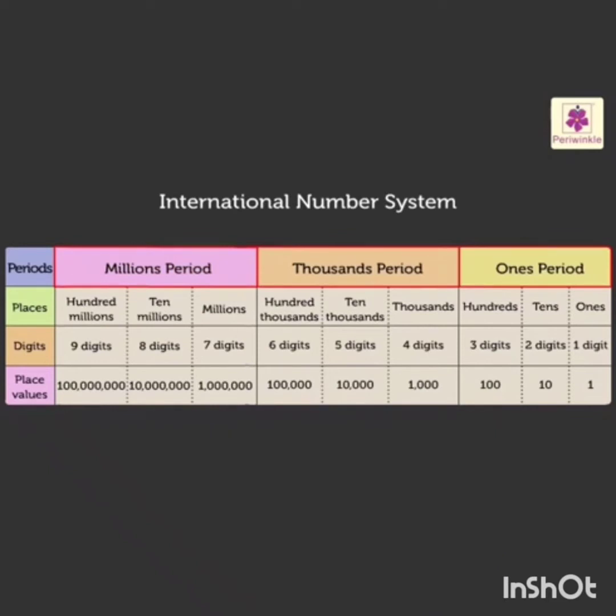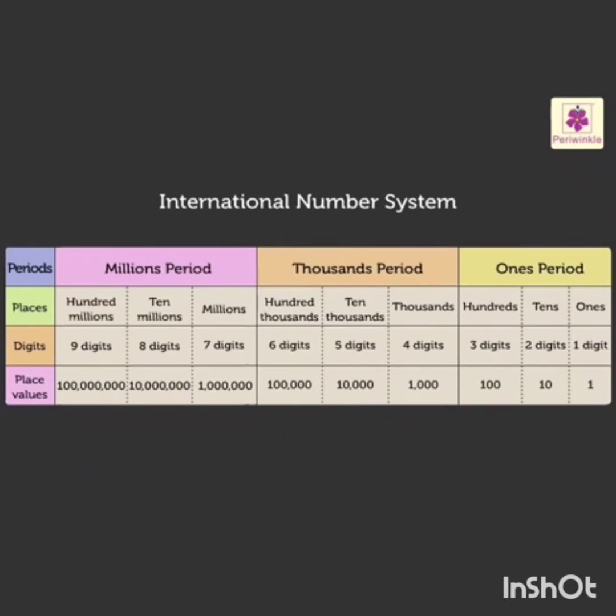Here, each period consists of 3 places. The ones period consists of the places ones, tens and hundreds. The thousands period has the places thousands, 10,000 and 100,000s. And the millions period has million, 10 millions and 100 millions.